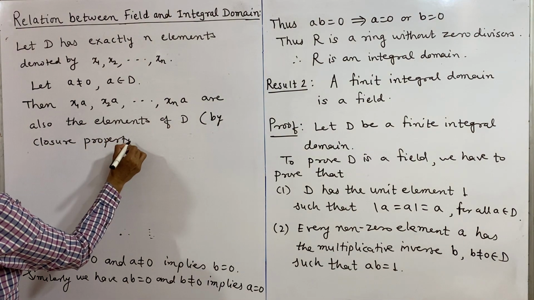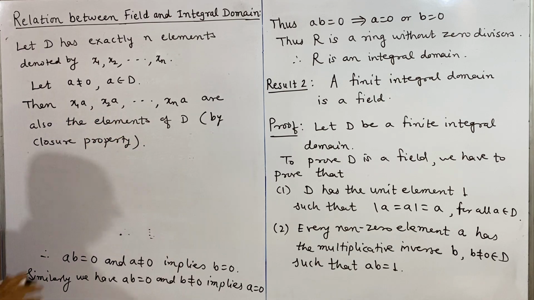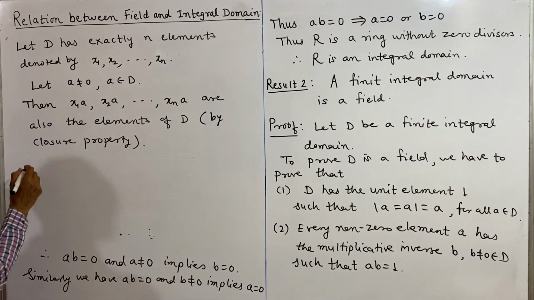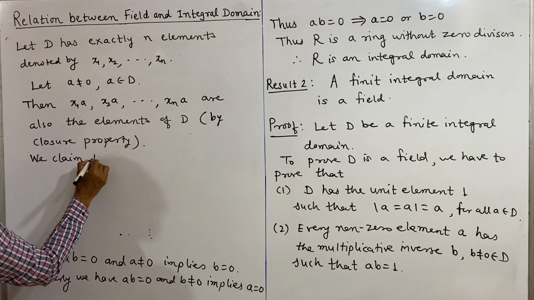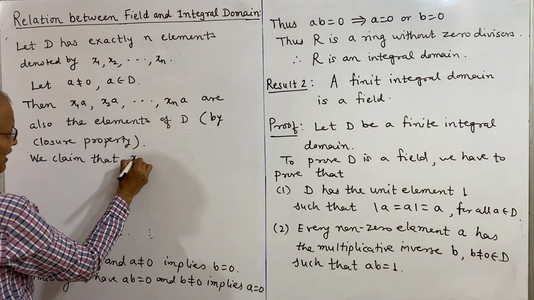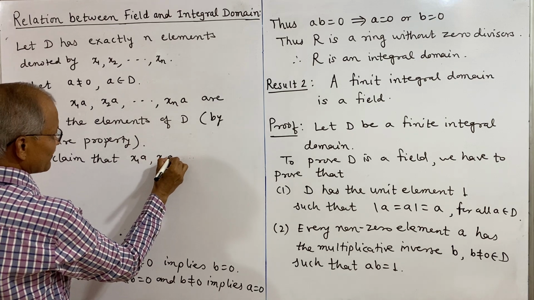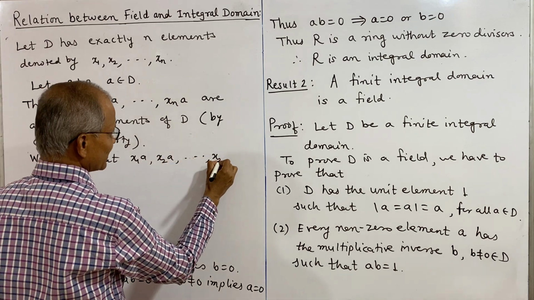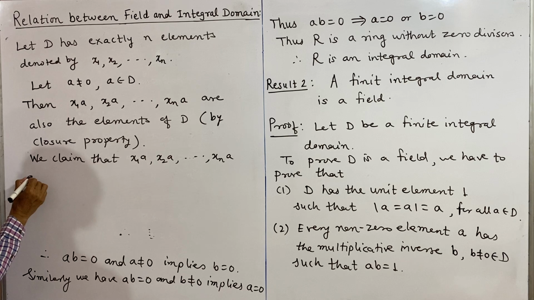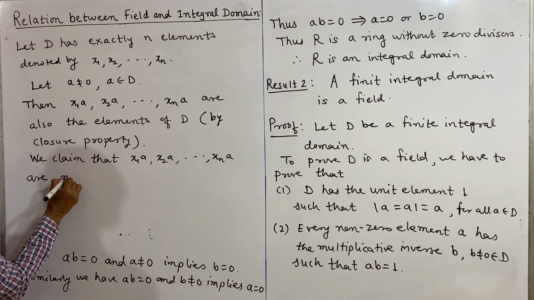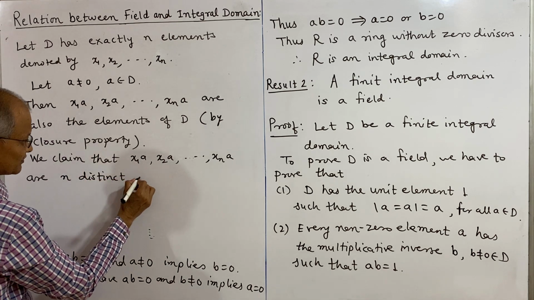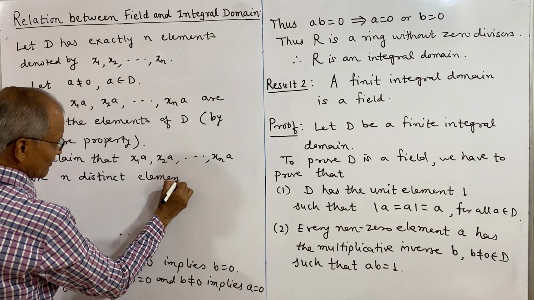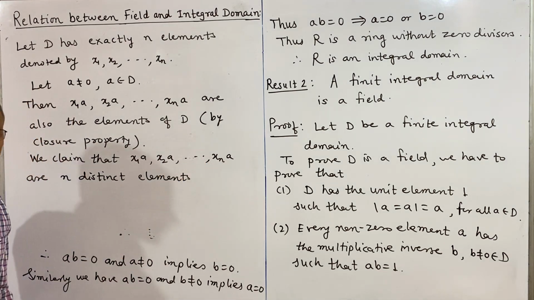Now we shall claim that these elements are all distinct. So we claim that x1a, x2a and so on up to xna are n distinct elements of D. Means none of them are equal.